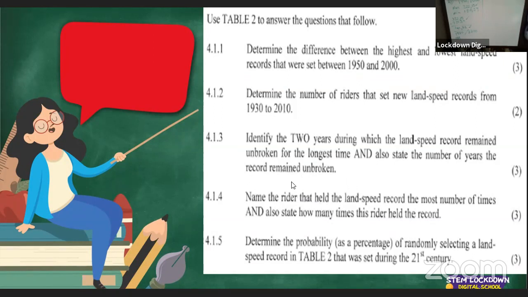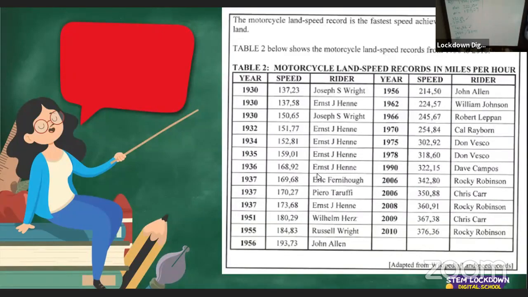Okay, so let's look at the question again.